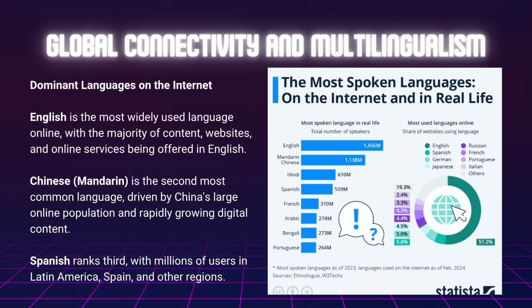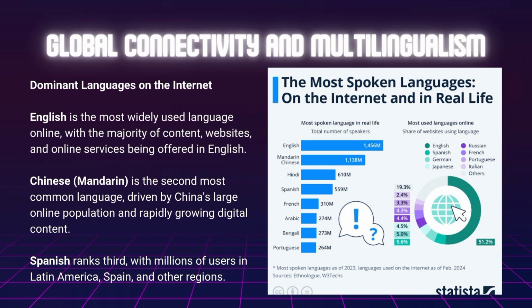So now we will talk about global connectivity and multilingualism. As you can see, we have here the bar that shows the most spoken languages on the internet and in real life. So we have here the dominant languages on the internet. Number one, English. English, of course, is the most widely used language online, with the majority of content, websites, and online services being offered in English.